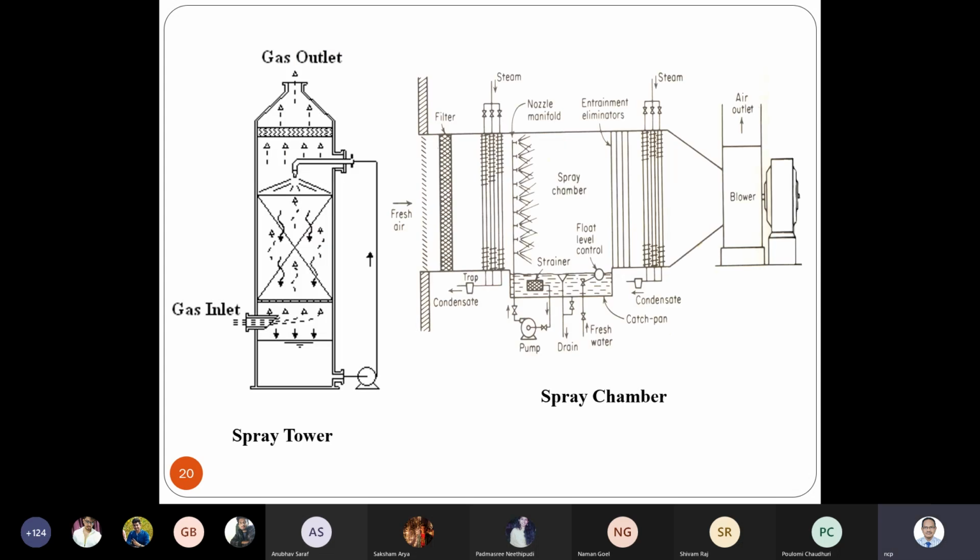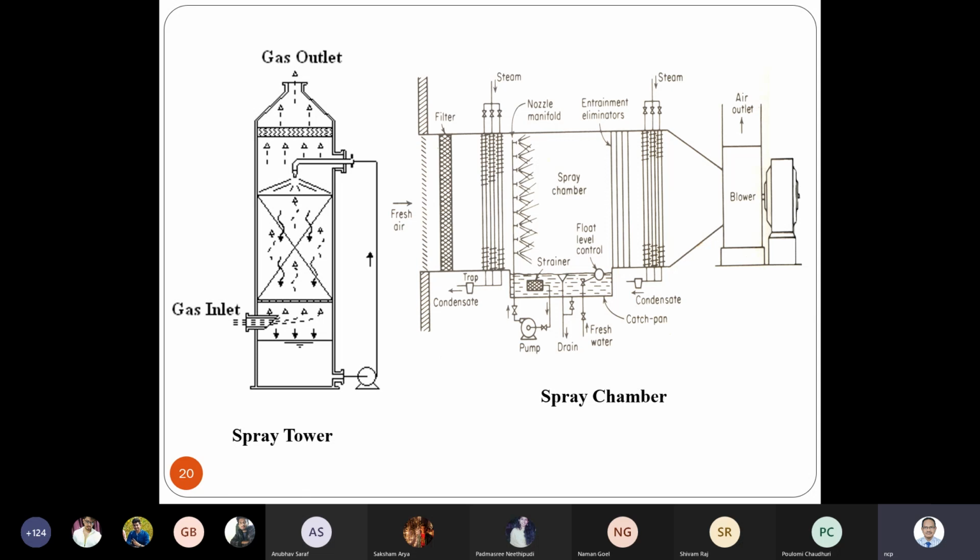Next is the spray tower. As the name implies, here the liquid is sprayed in the form of fine droplets, and gas is introduced from the bottom. The gas just rises up, and the liquid in the form of fine droplets is spread from the top, so we have effective gas liquid contact in this region.